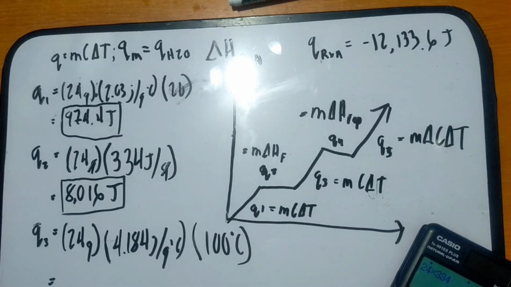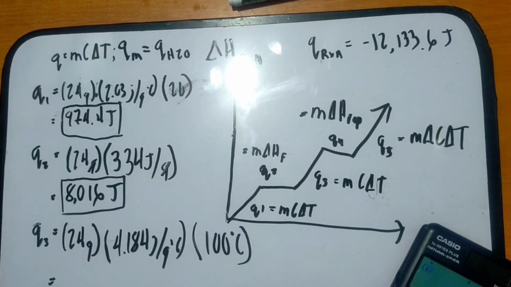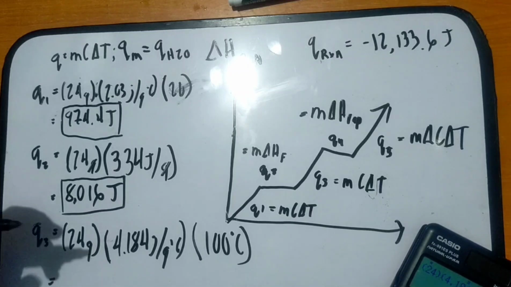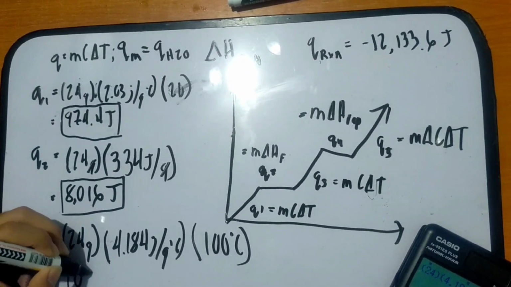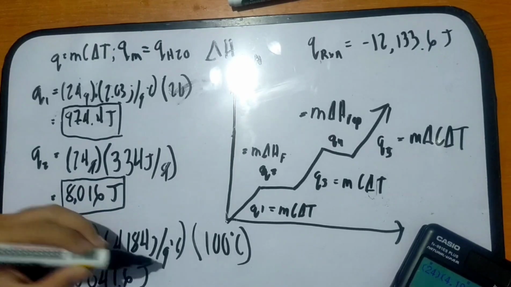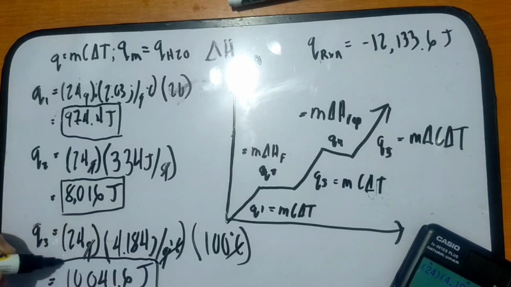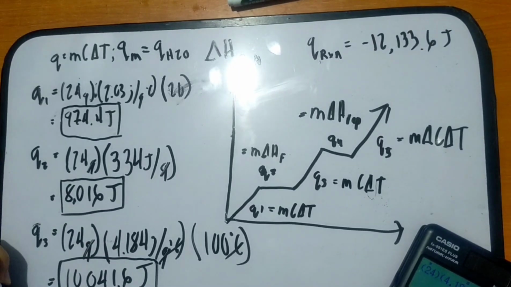So, that is our temperature, which is the boiling point. Ngayon, ipagta-times natin siya, input, 24 times 4.184 times 100. So, ang ating sagot is 10,041.6 joules. Cancel this out. Okay? That is our Q3.